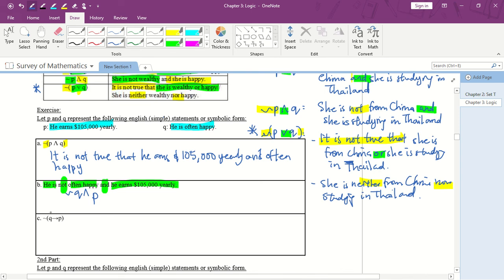Here it says negation of Q and P. So we know that we must add it is not true that because of the negation.